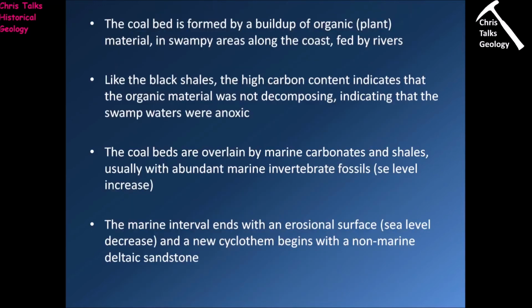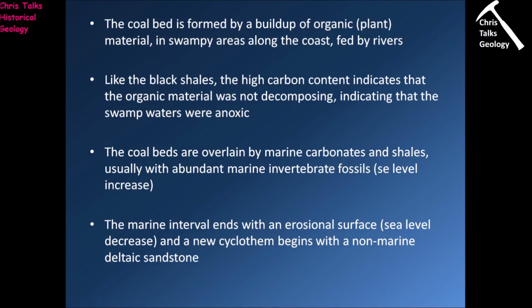So the coal bed itself forms by a buildup of organic material, so that's plant material, in these swampy lagoons. So the plants die, they fall into the water, but they don't decompose. And that's because the water in the lagoons is once again anoxic.